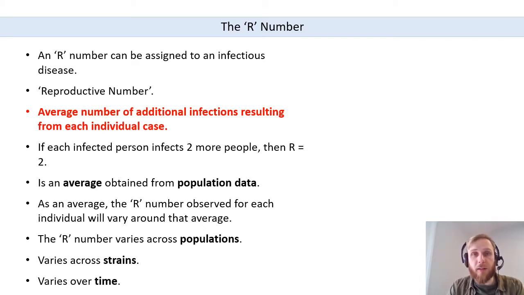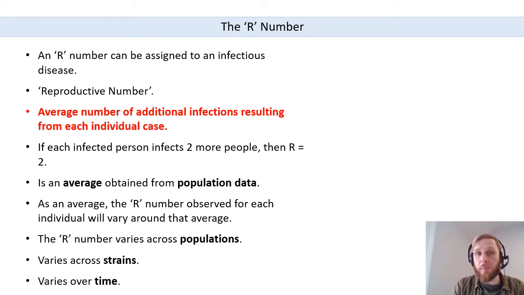The R number itself is the reproductive number, and it essentially represents the additional number of infections we can expect from each infectious case. Another way to say this is if we consider a person who's become infected with a particular infectious disease, how many additional infections can we expect to occur as a consequence of that initial infection?